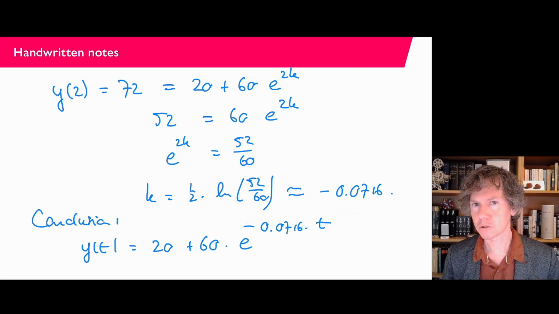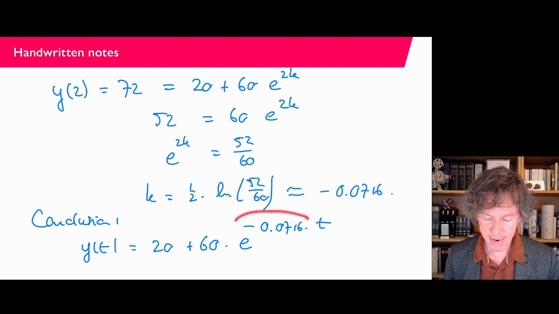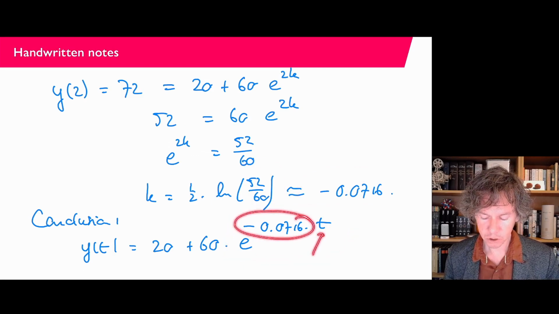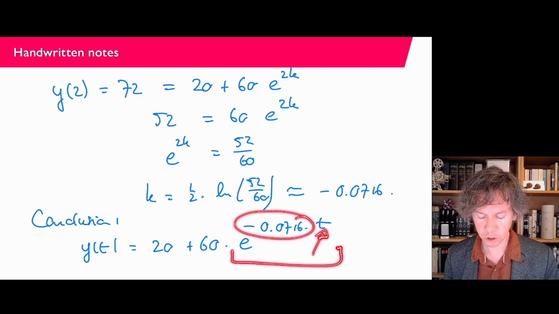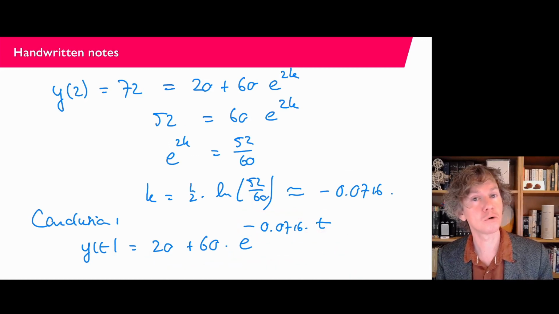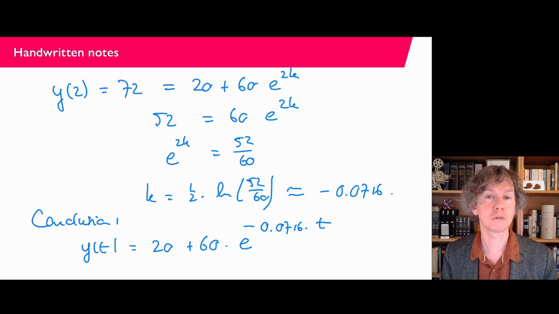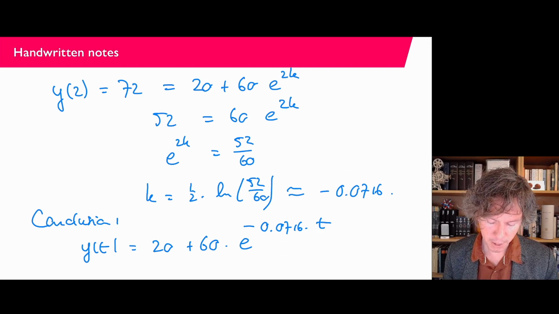And that makes sense, because if you look here, this thing needs to go to 0. So I need a negative number times t. If t is going to infinity, then this thing is going to 0, and the coffee temperature is going to be 20 plus 0, which is 20. And that's what we expect. We expect the coffee temperature to go to 20. And this apparently tells you how fast that is going to happen. So you should expect a negative k value here.